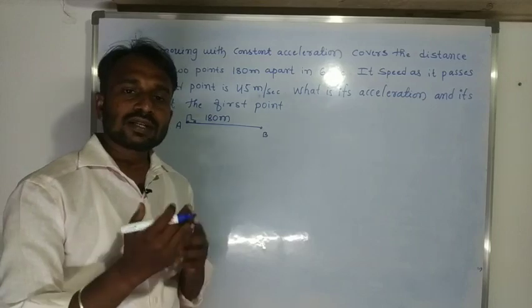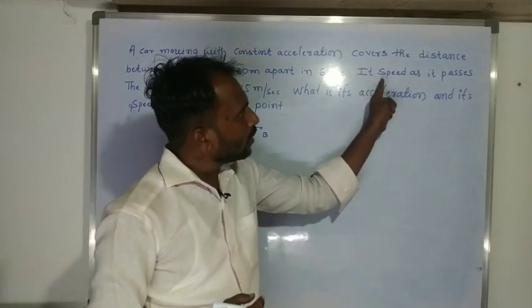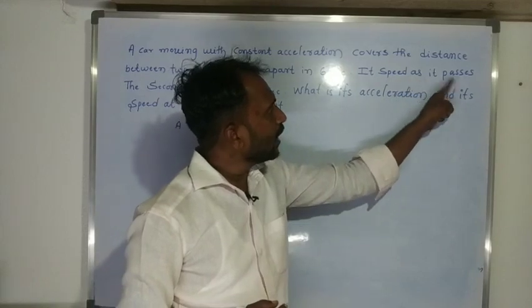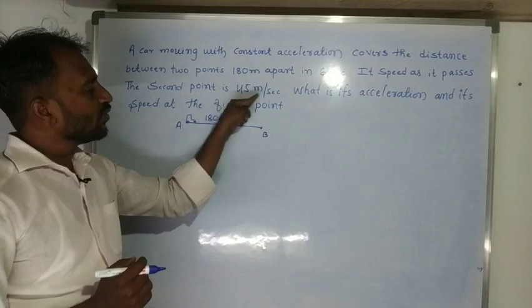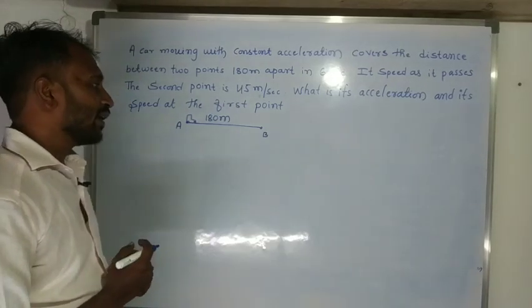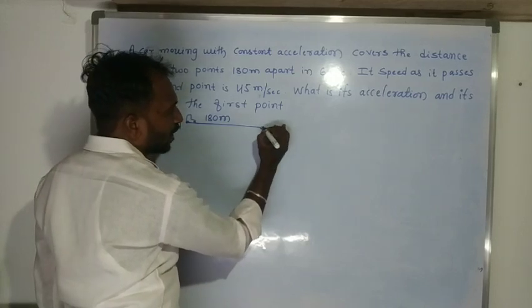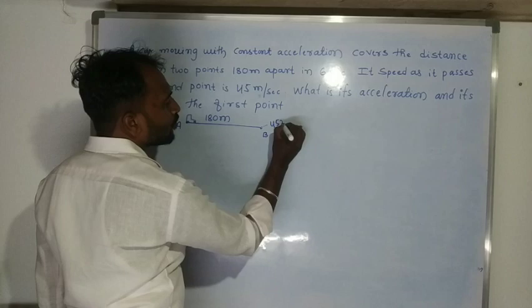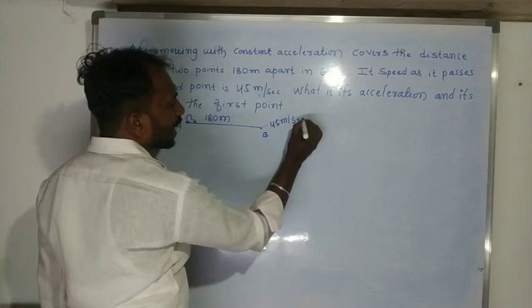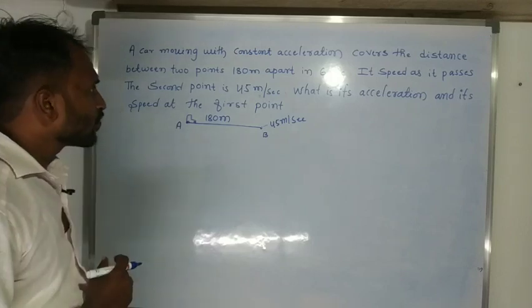Within 6 seconds, the car covers 180 meters. Its speed as it passes the second point is 45 meters per second. So the velocity of this car at the second point is 45 meters per second.